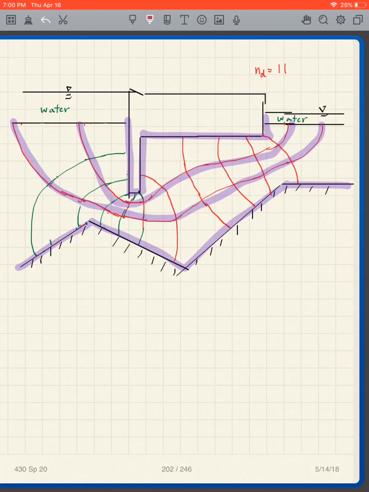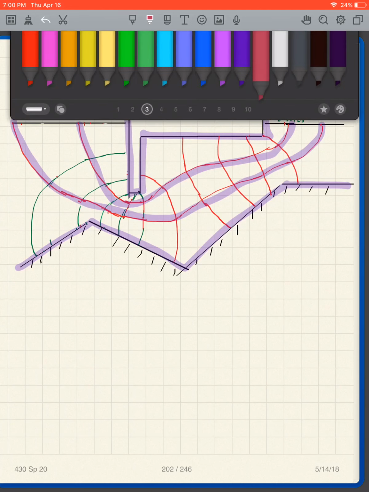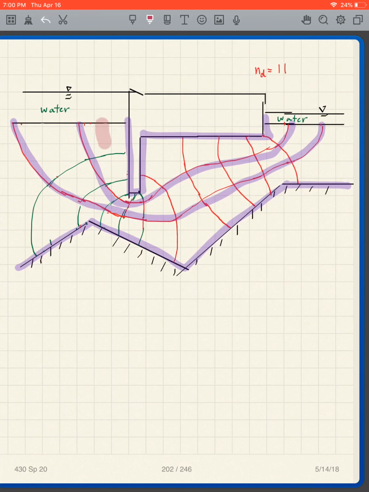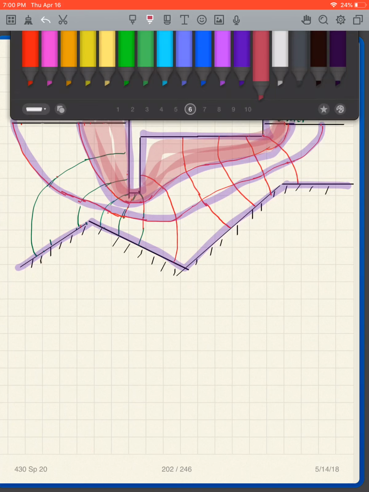So, in other words, what we end up with is you envision the flow going through here in this flow path. So this is a flow path or flow pipe. That's one of them.